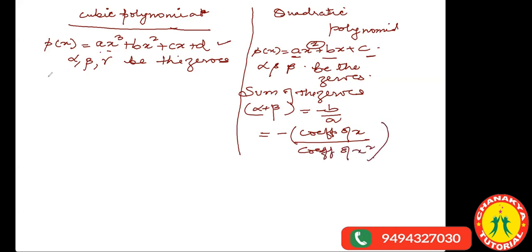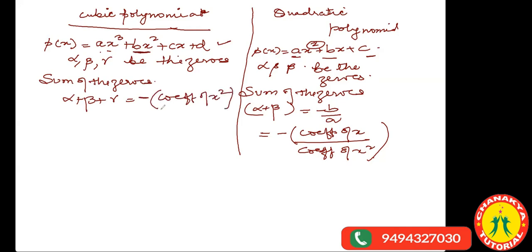Clear? Now here again the sum of the zeros will be alpha plus beta plus gamma. So again this will be, now see, minus coefficient of x square upon coefficient of x cube.